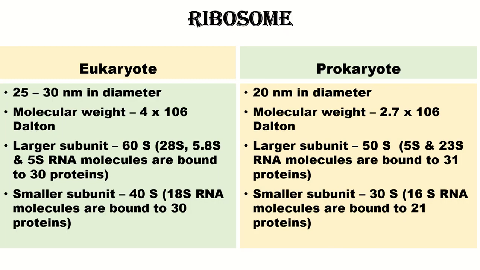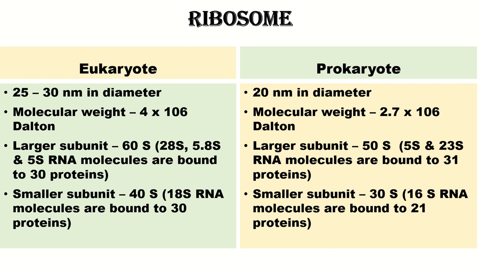Now let's see a brief comparative account of eukaryotic and prokaryotic ribosomes. Eukaryotic ribosomes are 25 to 30 nanometer in diameter, while the prokaryotic ribosomes are 20 nanometer in diameter. These ribosomes are a bit longer in the hinge region than the diameter.